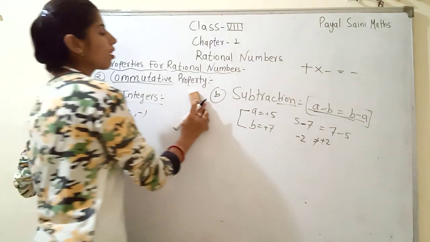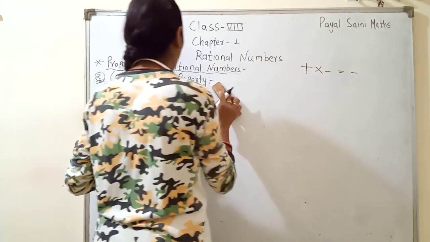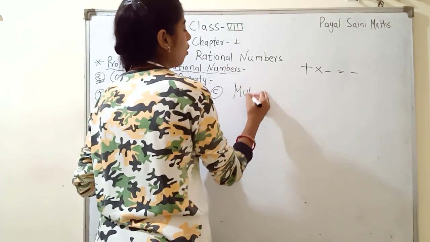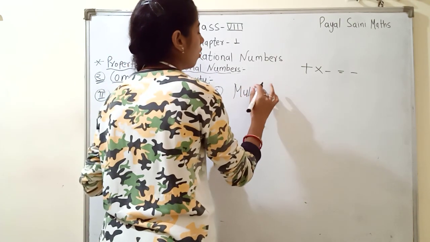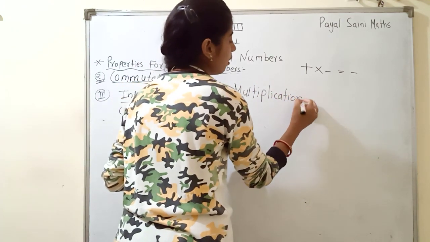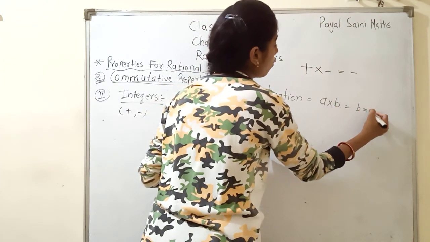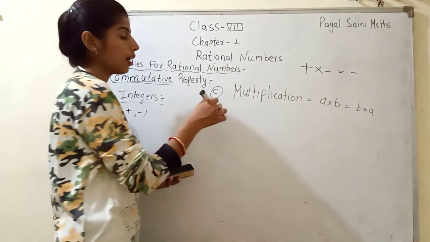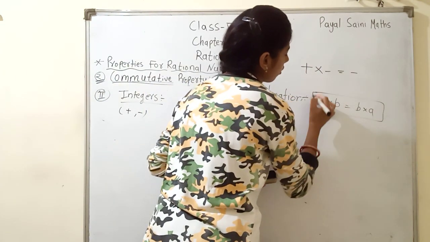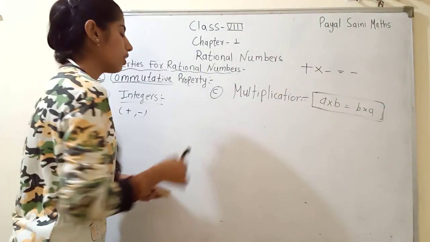Now see our next, C, for multiplication. For multiplication, it's very simple. A into B equal to B into A. This statement we prove by process and with example.